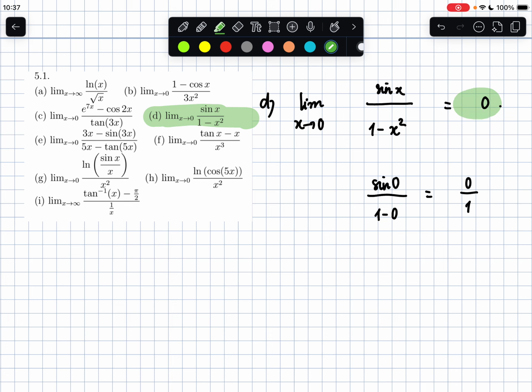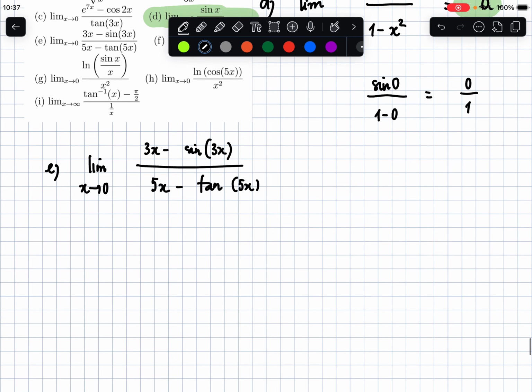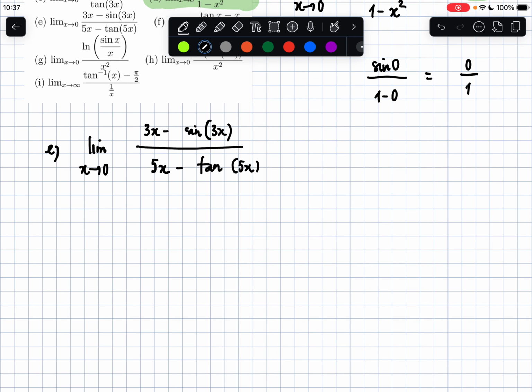Now let's do question E. Limit x to 0 of 3x sine of 3x over 5x tangent 5x. Now let's plug in x equal to 0.